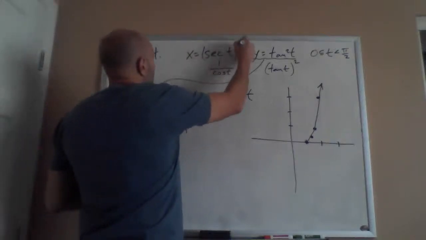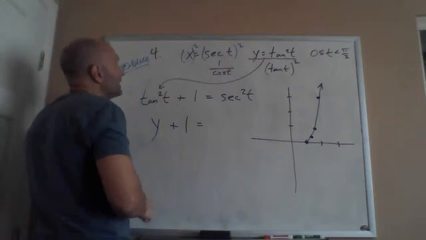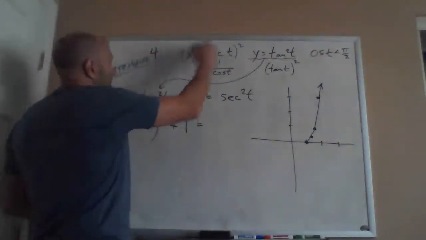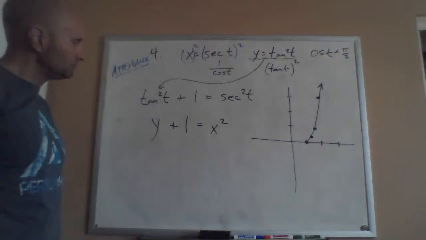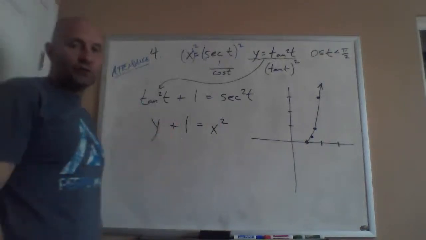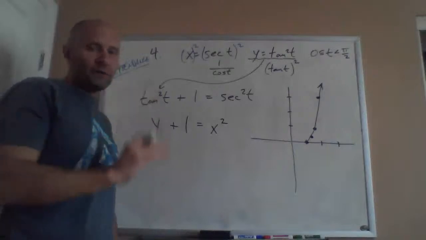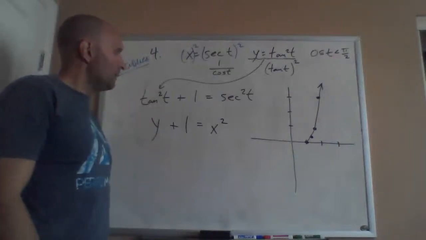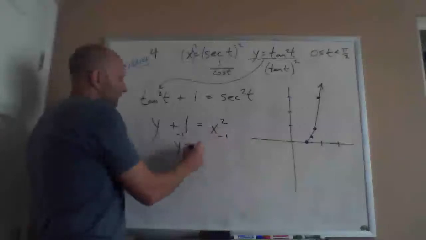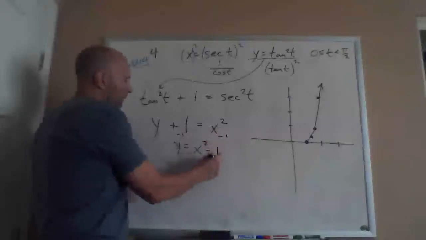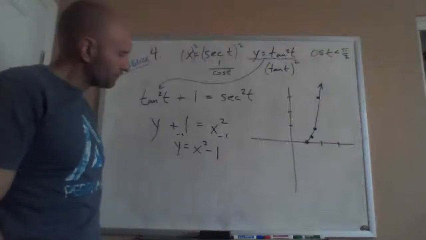I just square both sides. So therefore, secant squared is just equal to x squared. So technically, you could stop there. So you've converted it. It's x's and y's in numbers. So you're done. Now, if I move the 1, I have y equals x squared minus 1.